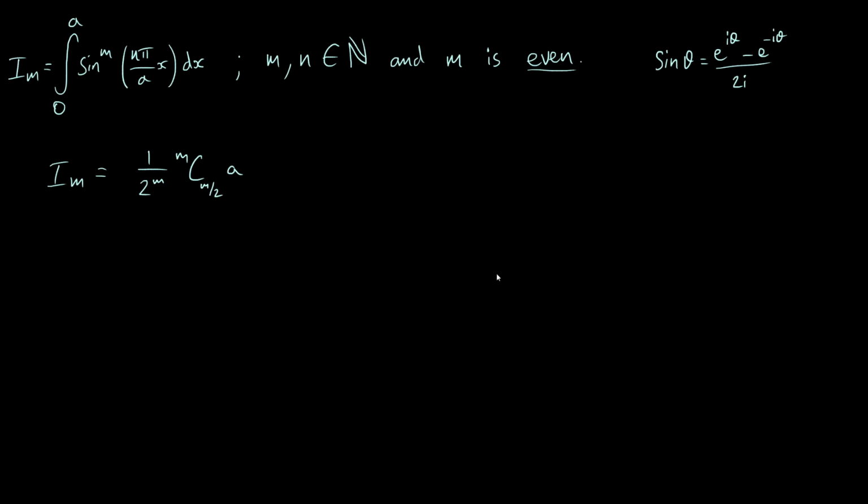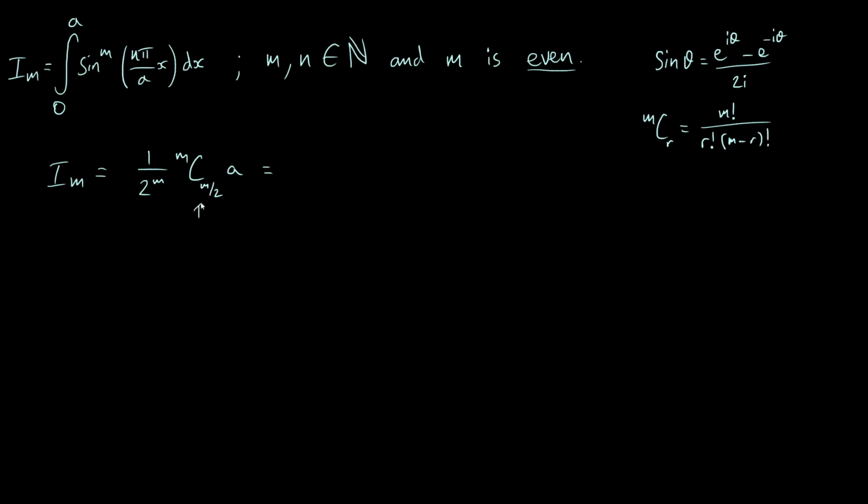So what I like to do is use the definition of this binomial coefficient. In general, if we have a binomial coefficient, let's say mCr, where r is some number, that can be written in terms of factorials as m factorial over r factorial times (m minus r) factorial.